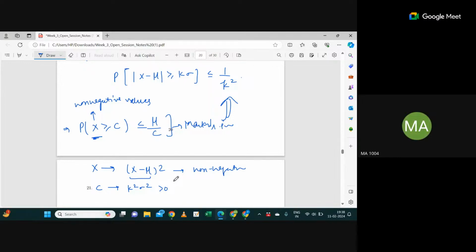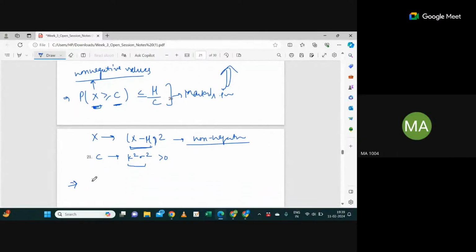Sigma square is the variance, which is always greater than 0, so k square sigma square will always be greater than 0.